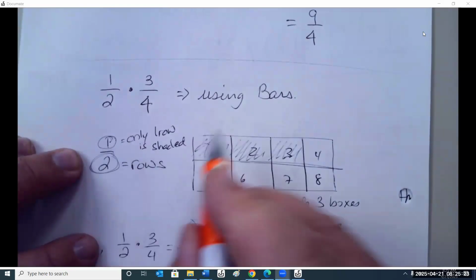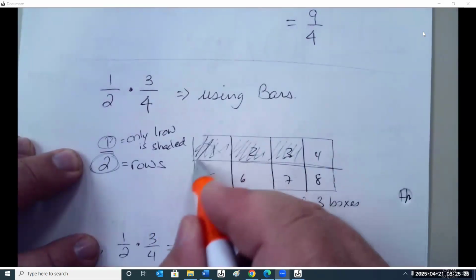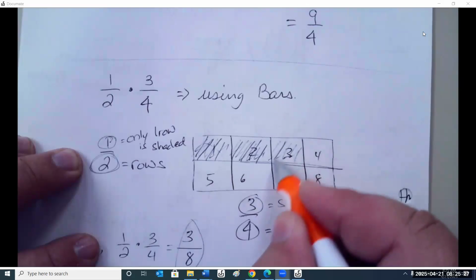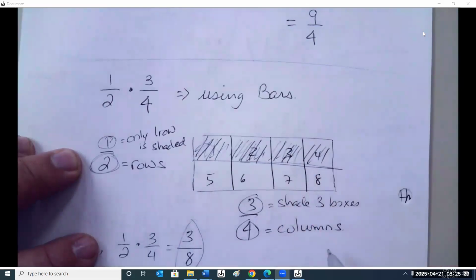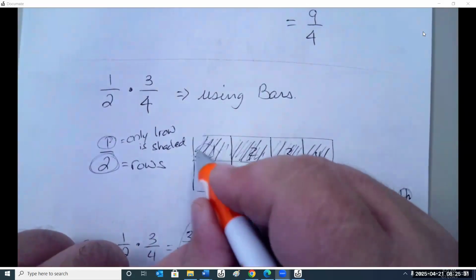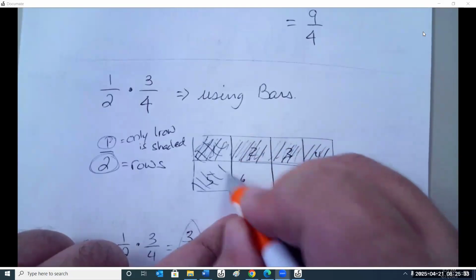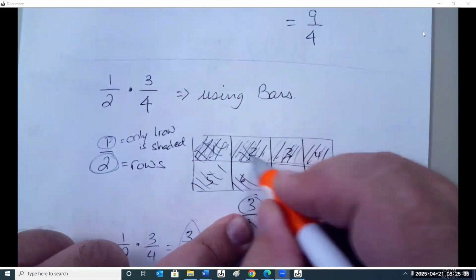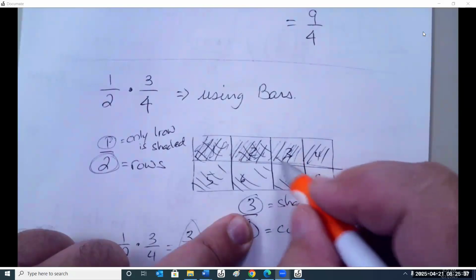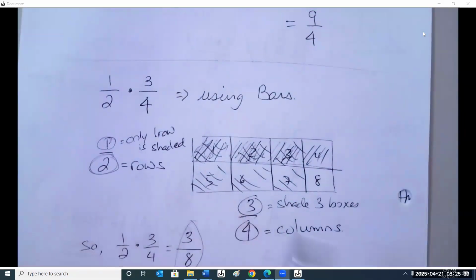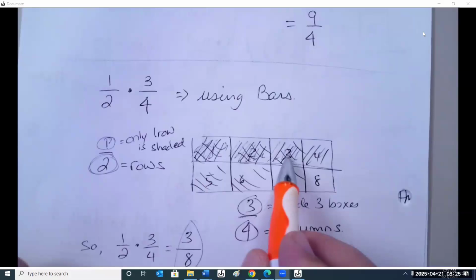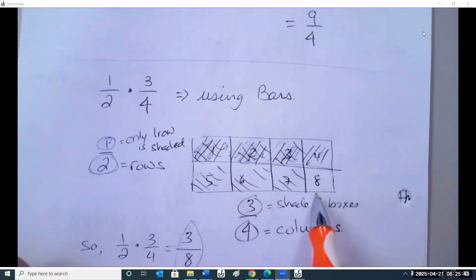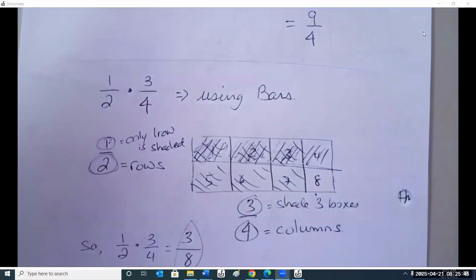We expand 1 row, and we shade 3 columns. We did the same thing here. We have 3 that are double boxed out of 8. Good question. It's just that you're building up the process on how to do it.